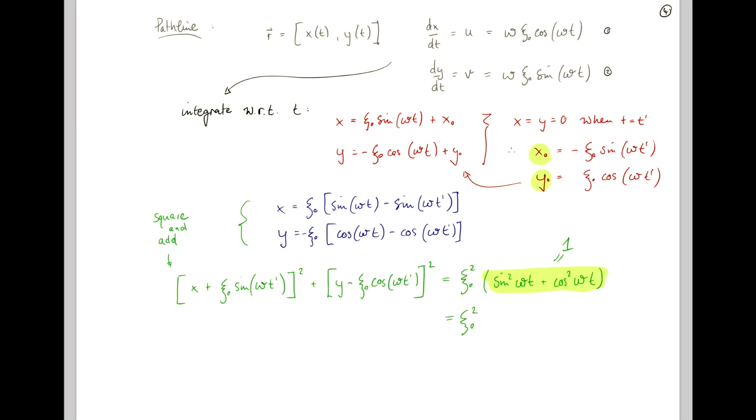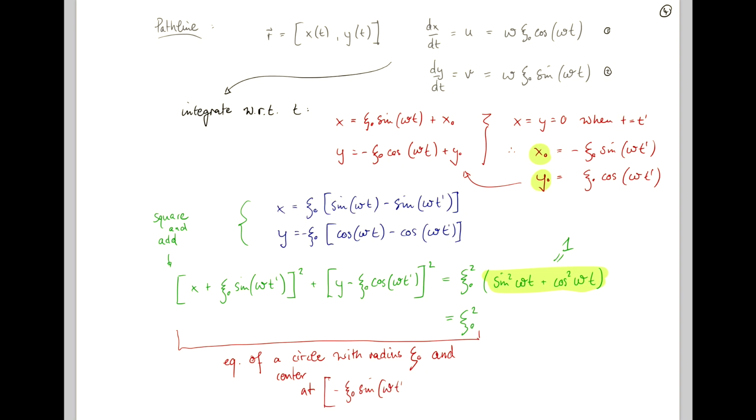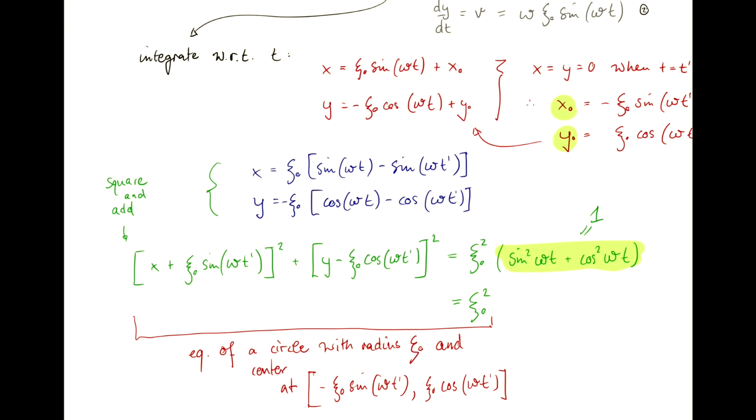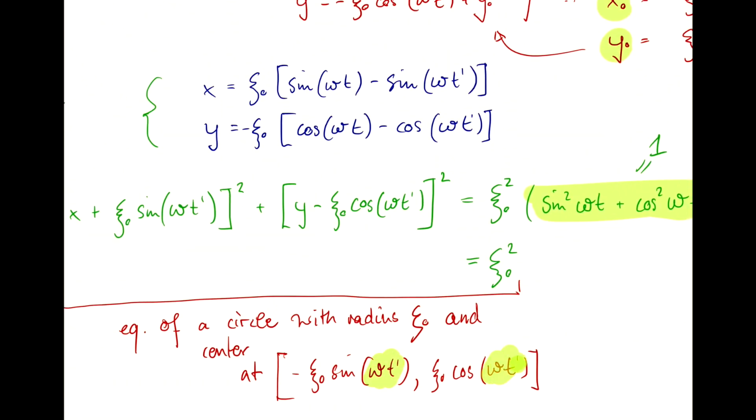So we're just left with psi 0 squared. If you look at this equation, you realize that this is simply the equation of a circle with radius psi 0 and a center at the location minus psi 0 sine omega t dash for the x-coordinate, and psi 0 cos omega t dash for the y-coordinate. And we've shown earlier for the streamline that omega t dash is simply our angle theta.